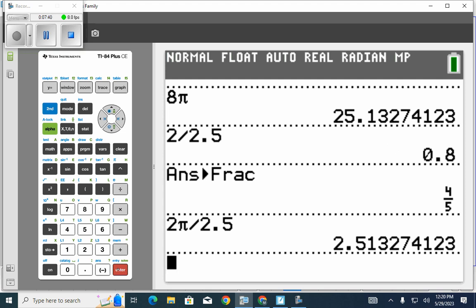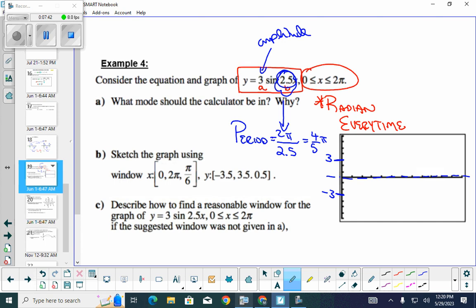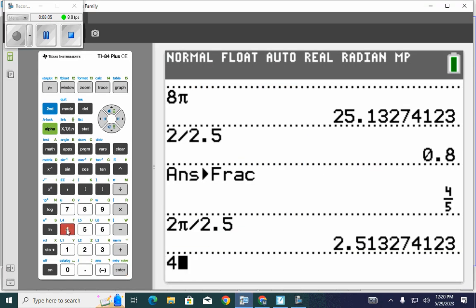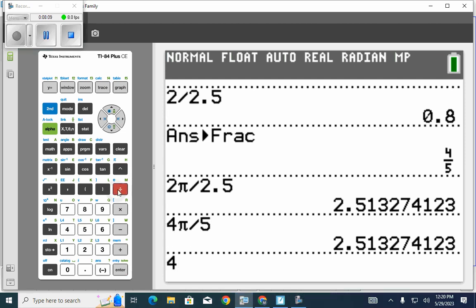So what that means is, sine starts here. It's going to go up, down, back. It's going to take about 0 to 2.51 on the x-axis. 4 pi over 5 is exactly 2.51. So you can either plug it in as 4 pi over 5, or you can punch it in as 4/5 pi.